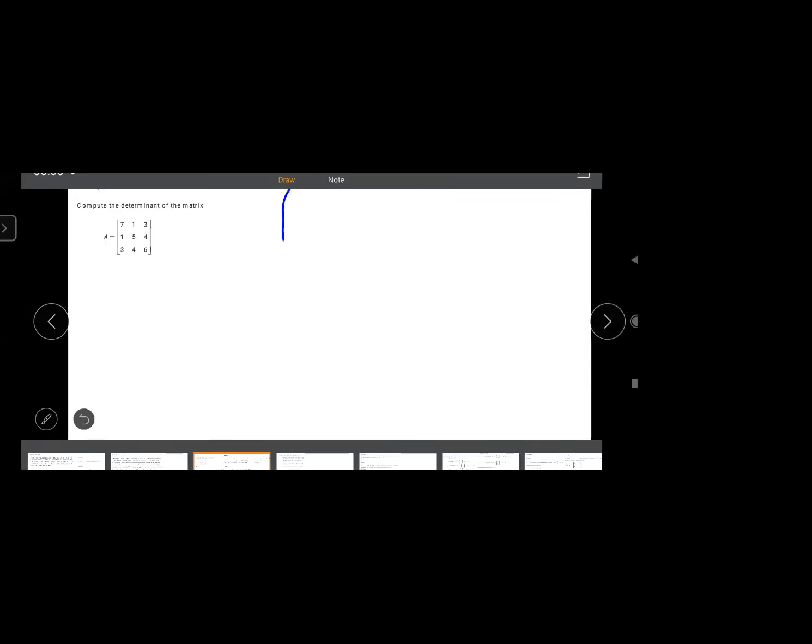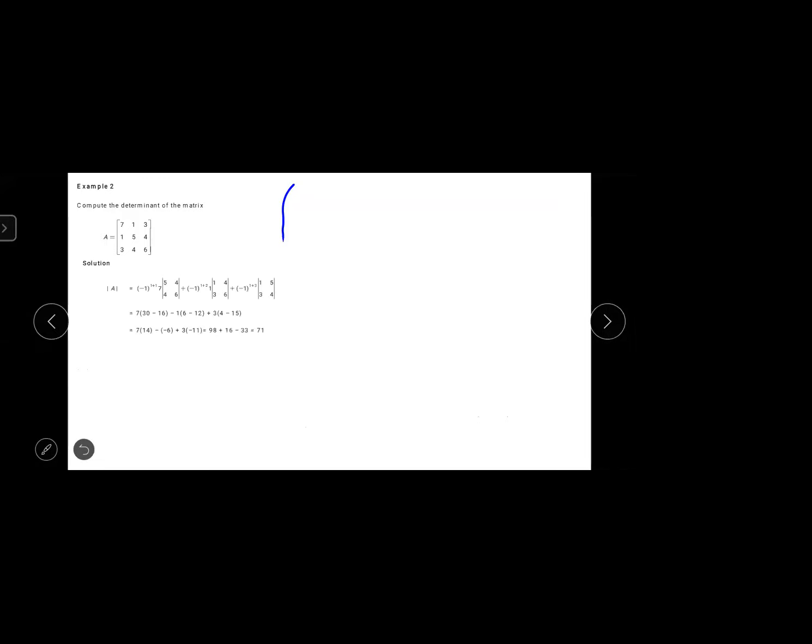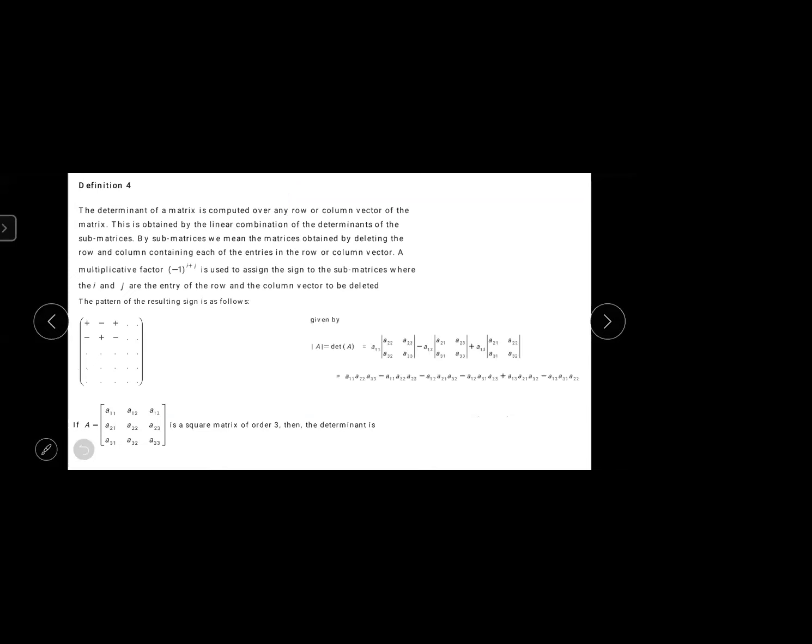So compute the determinant of this. If we need to compute the determinant of this, the first thing that you are going to do is put your sign. Let me see. So put your sign there. Okay, look at this.